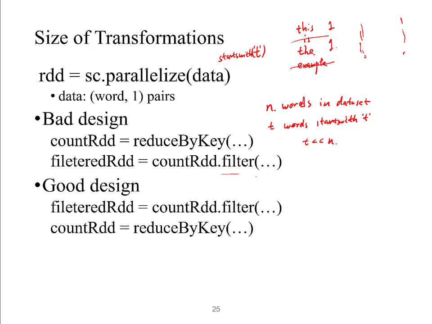In this bad design, the total number of records that you have scanned would be 2n.